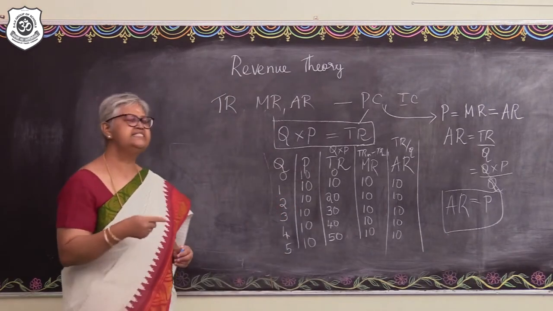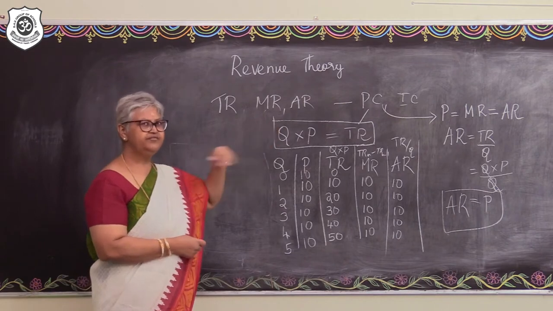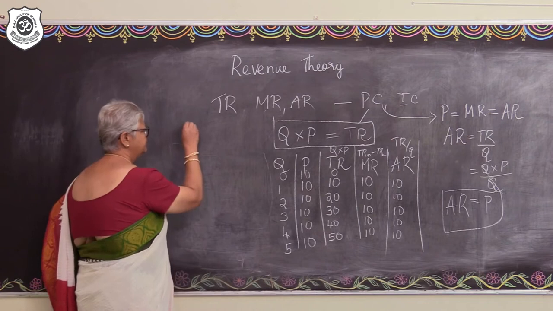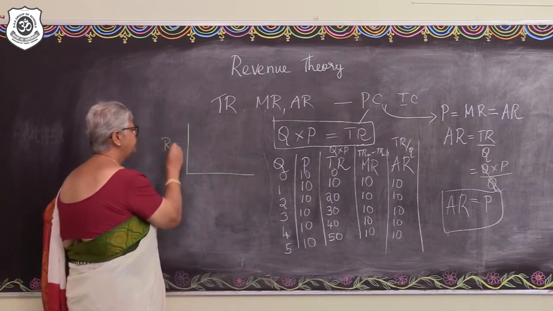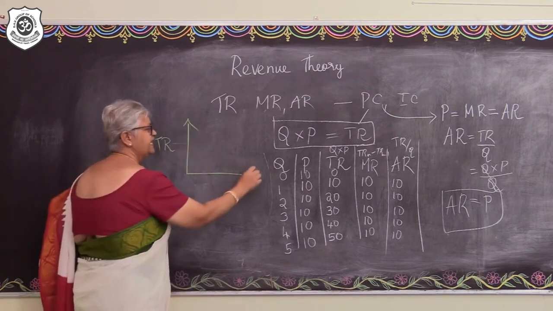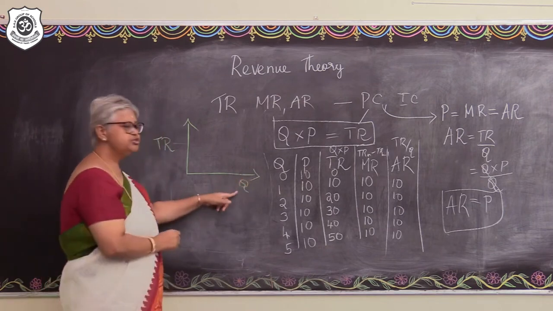In case we are to understand the total revenue, marginal revenue and the average revenue through diagrams, how do we go about it? We can have two panels. In the first panel, the total revenue can be measured along the y-axis and along the x-axis, it could be the units of output.